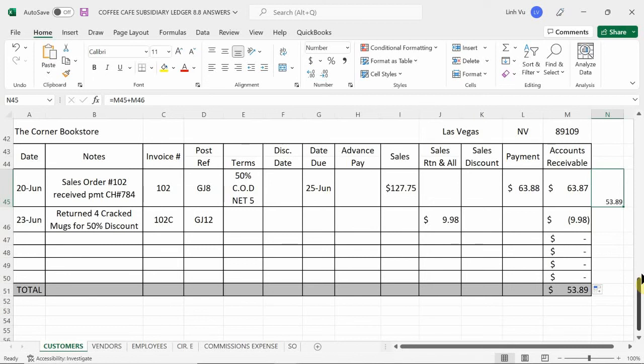It's now $53.89. I need to make a note on my end so that if Corner Bookstore pays me for invoice number 102, I know I'm not charging them $63.87. I'm charging them $53.89.